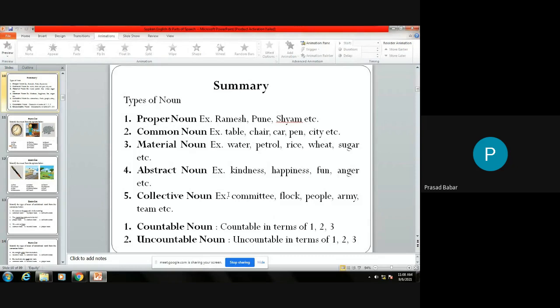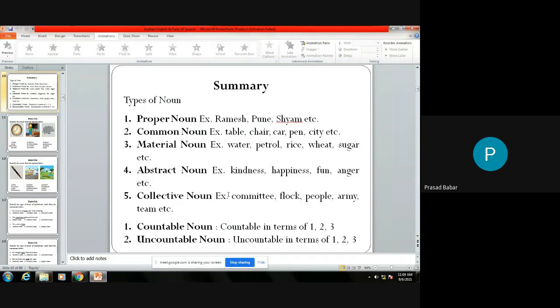The common noun is a common name or general name of anything or any person or any object. Material nouns are the nouns by which we give a name to any type of material, such as water, petrol, rice, wheat, etc. The abstract nouns are the nouns which are given to feelings.